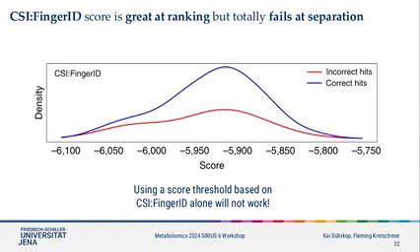But we did some statistics, just plotted the scores of annotations which were correct and annotations which were wrong, and found out that the scores are very similar. So you cannot say that a certain score is more likely to be correct or not. And it's not just a problem of CSI:FingerID. We found that this is the case for basically all the annotation tools. And one of the reasons is also that the likelihood that the annotation is correct depends a lot on the database you search in.